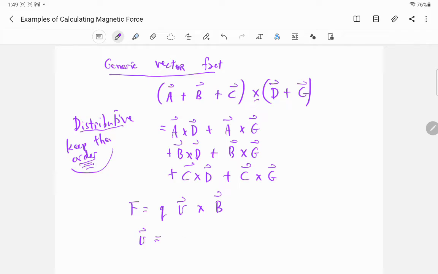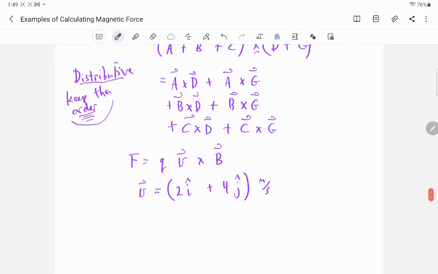So what I'm trying to say is, what if it was 2 i hat plus 4 j hat meters per second, and the magnetic field was actually 3D. So 1 i hat minus 2 j hat minus 4 k hat Tesla.